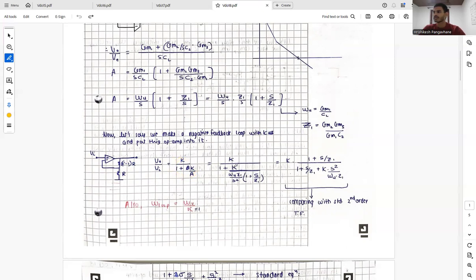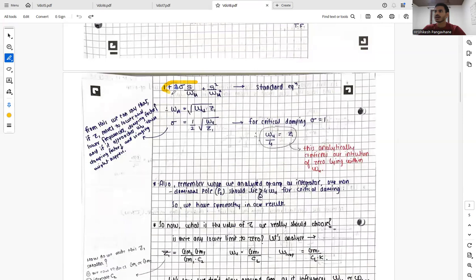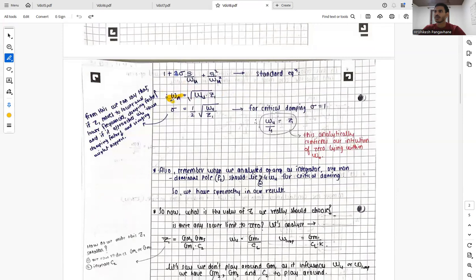If we put the values of a from here, this is what we will get, and our transfer function will look something like this. This is the equation in the form in which we can compare it with the standard second order equation, and when we compare it, we get omega n and omega n squared.